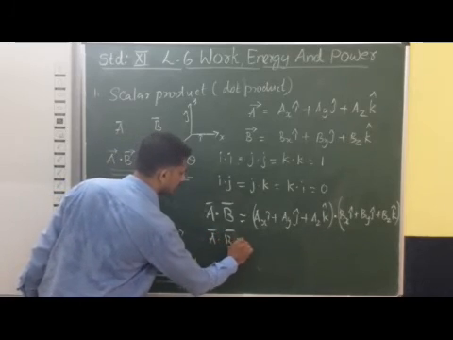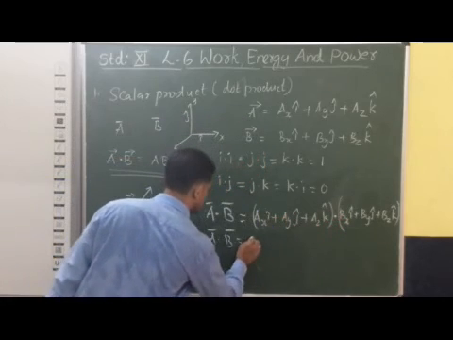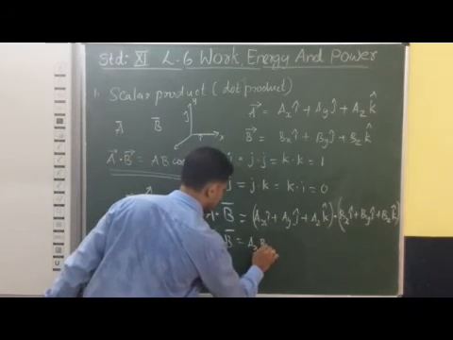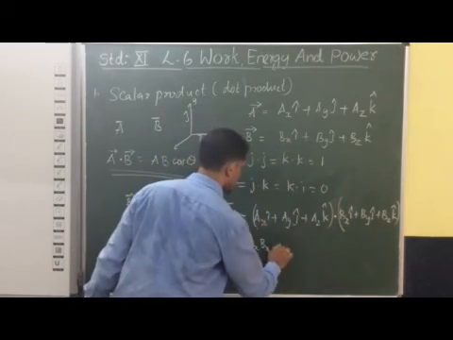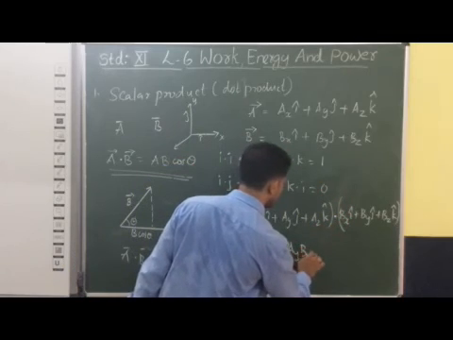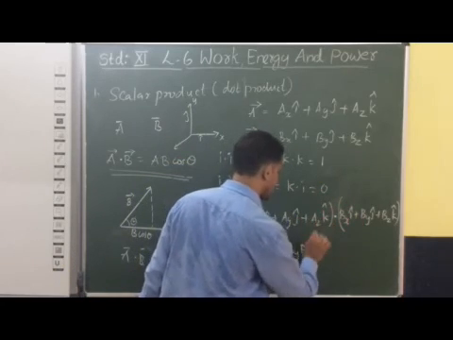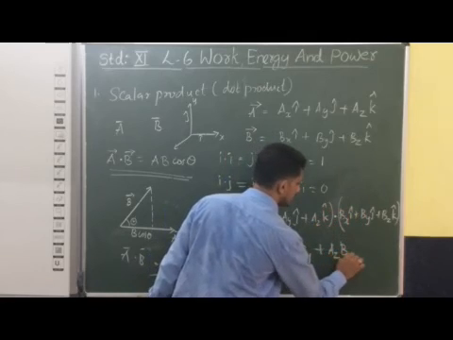So what is A dot B now? AX i into BX i means AX into BX, since i dot i is 1, plus AY into BY, since j dot j is 1, plus AZ into BZ.